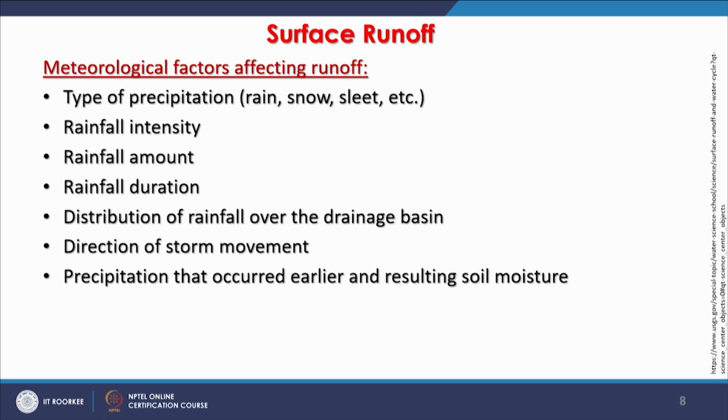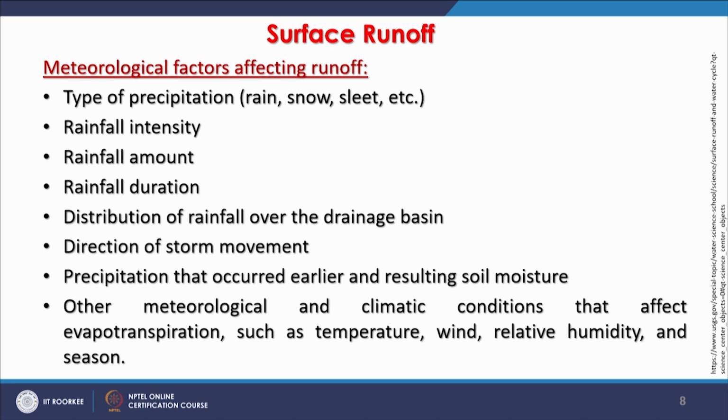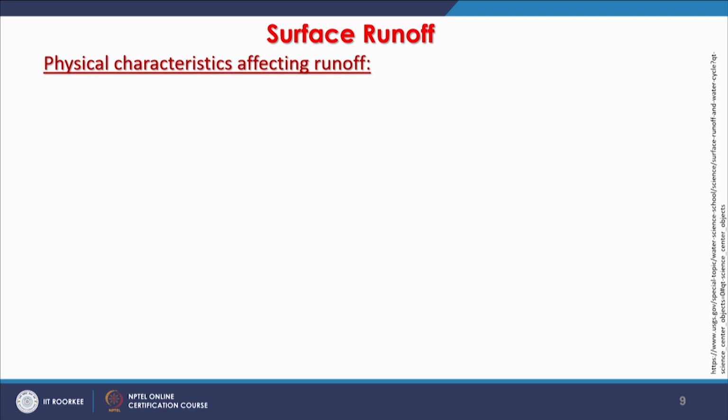So, the first rain will always be more absorbed, with less surface runoff. But once the soil has sufficient moisture or is saturated with water, the next rain means more surface runoff. Other meteorological and climatic conditions also affect evaporation and evapotranspiration, meaning vegetation cover, of course the temperature, and wind can also play a very important role, because it changes the moisture conditions of the surface.